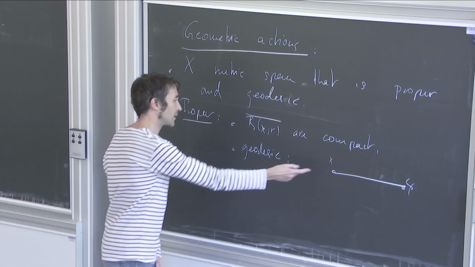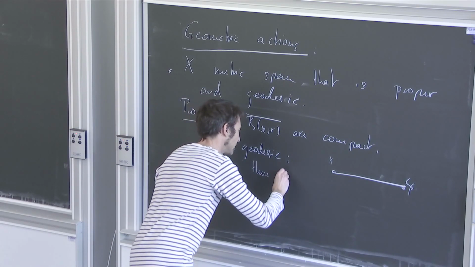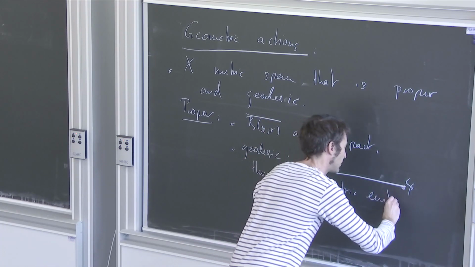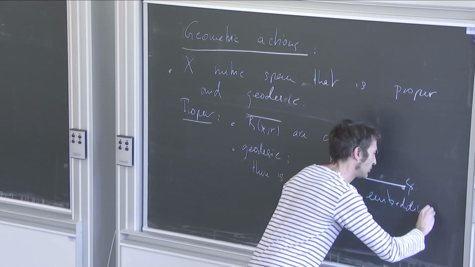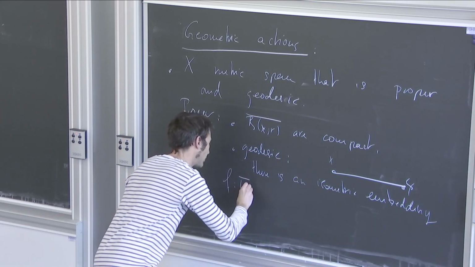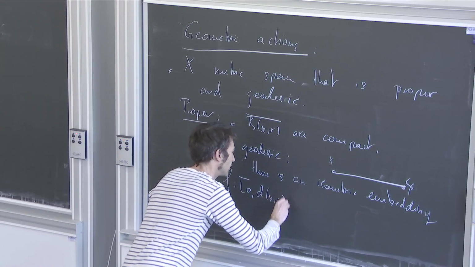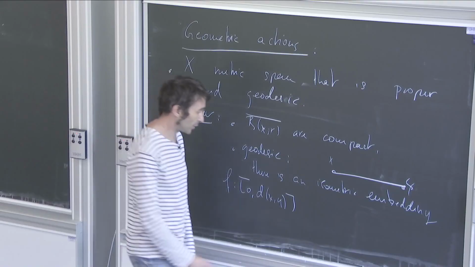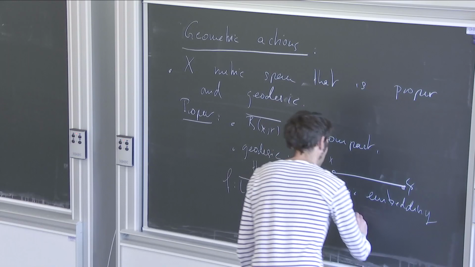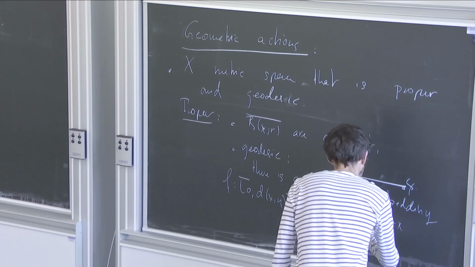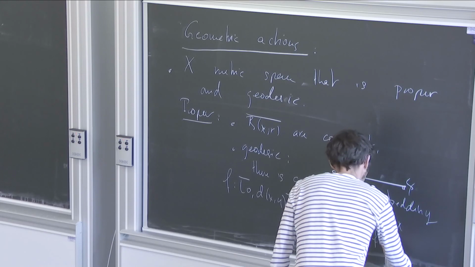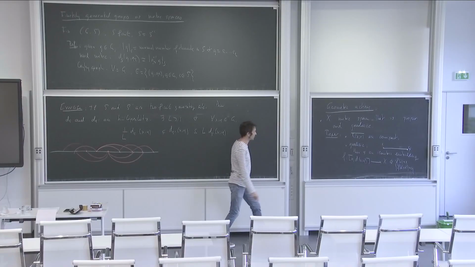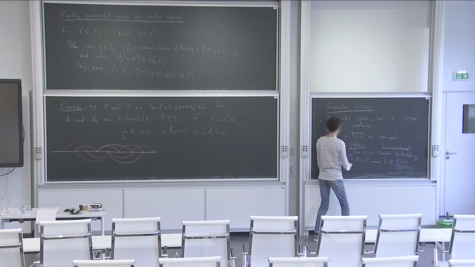This means that for any x, y, there is an isometric embedding f from the segment [0, d(x,y)] to my set X, such that f(0) is x, and f(d(x,y)) is y. Of course, I could have done the opposite, but it doesn't make any difference. So this is proper and this is geodesic.